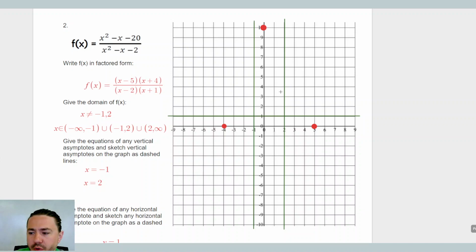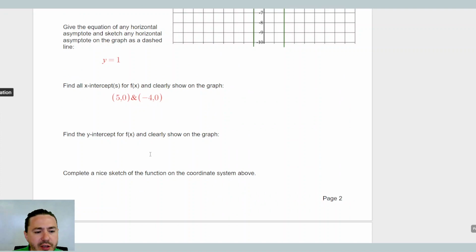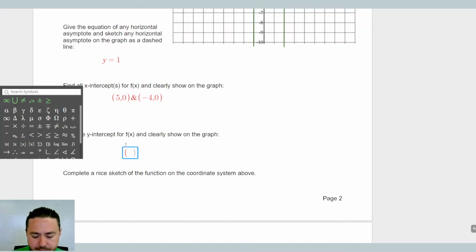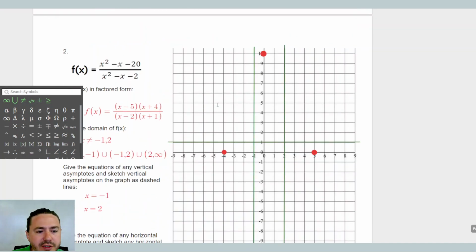This is going to be a pretty extreme drop in between these two asymptotes. So yeah, we do get y equals 10. The way we're going to write that, though, is as a coordinate, (0, 10). And we can see it right there.